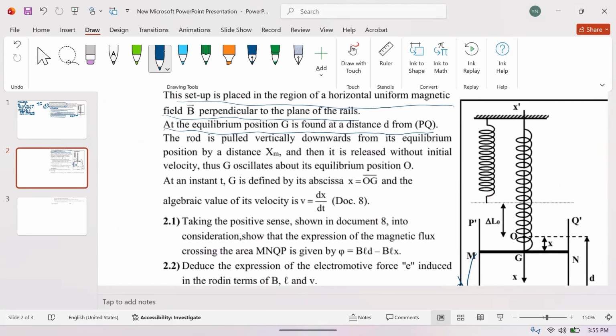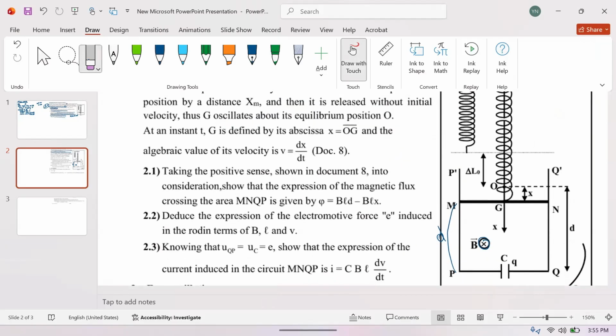So I had an initial distance D, and we're moving the rod vertically downwards, so we're actually decreasing this distance D. So we had MN at some point. Oh, it's D, it's mentioned, yes. This is what I should have drawn from the beginning. We had a distance D, and it is reduced by a small distance X because we're moving the rod downwards. So we're actually decreasing the surface.